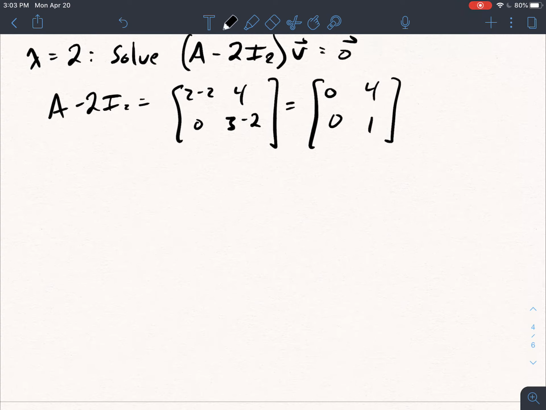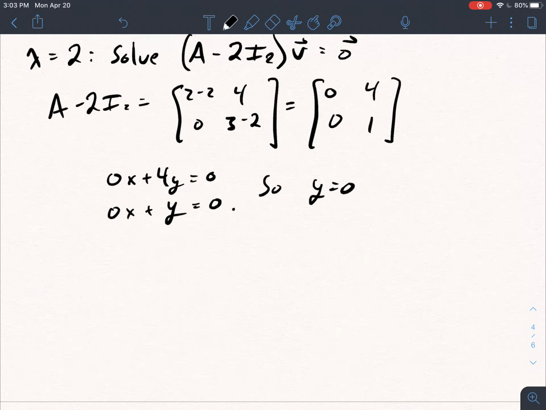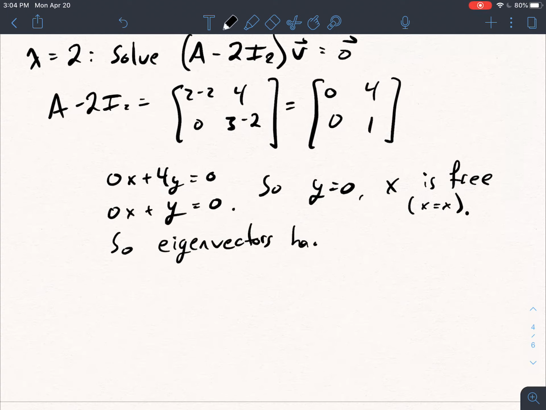This is equal to [0, 4; 0, 1]. So if this times the vector is equal to 0, this gives me two equations. It's telling me 0x plus 4y is equal to 0, and 0x plus 1y is equal to 0. So y, of course, has to be equal to 0. And x is free. x equals x.